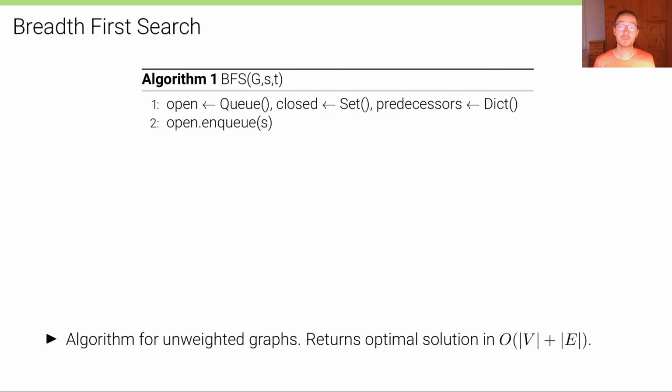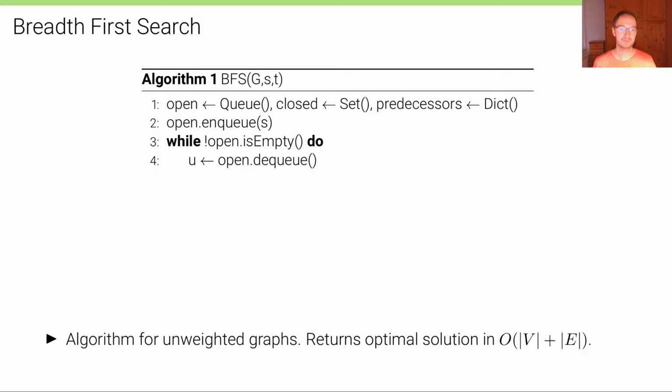So let's start. The first thing we do is we have our source element that we add to the open queue. We NQ the source element S. And then while the open queue is not empty, we do the following. We dequeue one element from the open queue.